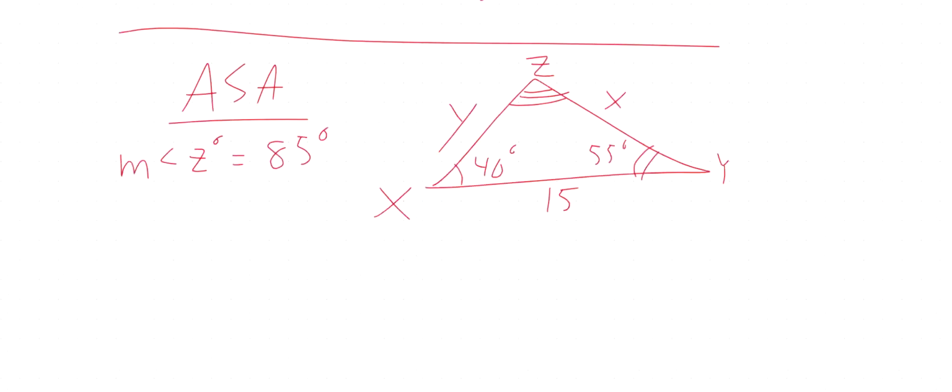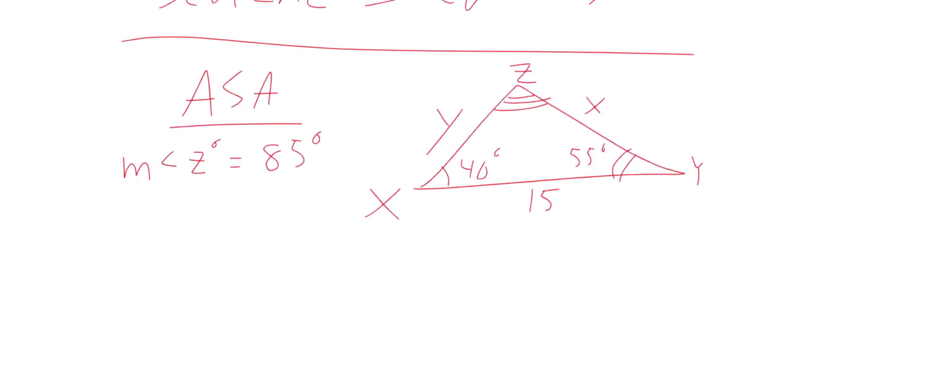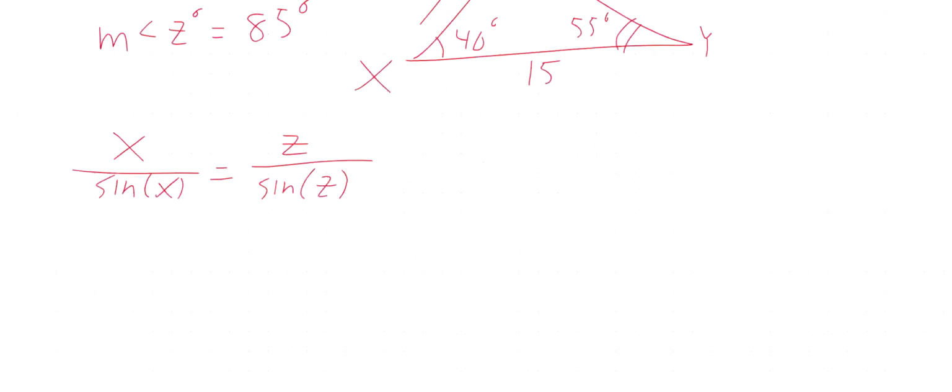All right, so now we have our matching pair of Z's. Let's use that to find either X or Y. Let's find side X. And again, we're going to use the same equation we did before, just because we're finding a side length. So we want the side length on top.